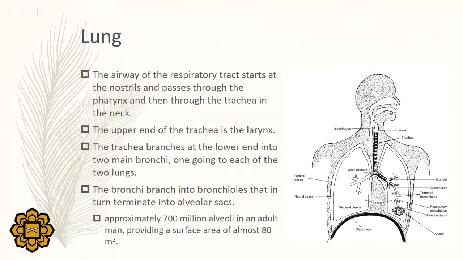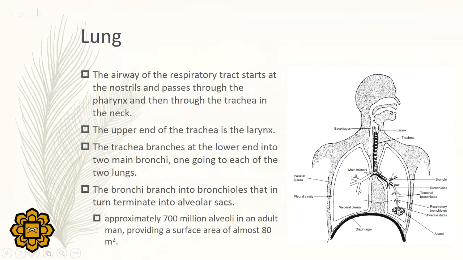Okay, what's the structure of the lung? We don't just focus on the lung. It must start from the respiratory tract. So we start from the nostril, and then we pass through the pharynx and then through the trachea in the neck. Nostril and oral cavity both lead here, to the larynx, and then don't go to the esophagus, go for the larynx first, and go to the trachea.